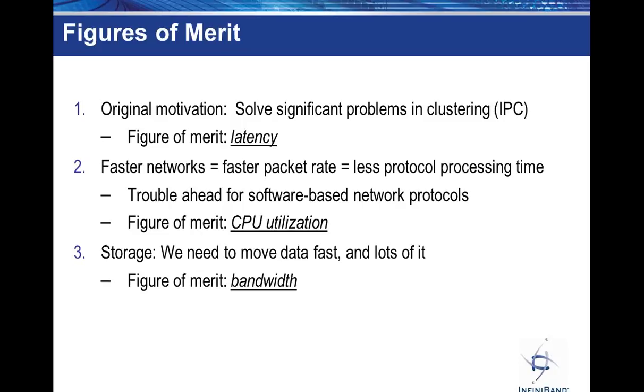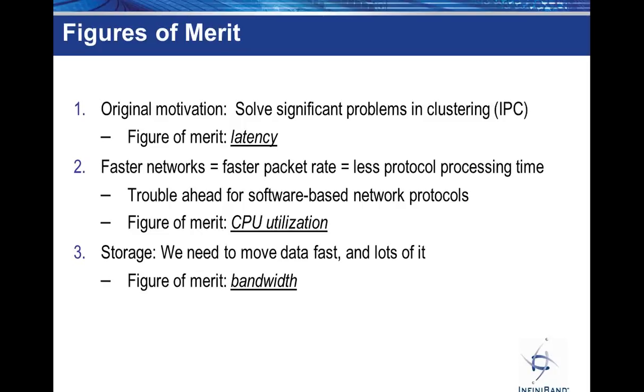And third, if we really wanted to relook at the I/O infrastructure and come up with a model that let applications communicate better, we knew we had to deal with bandwidth as well, storage as well. Storage tends to be bandwidth intensive, so we knew that whatever we came up with better have a pretty good bandwidth component to it. So that was a pretty aggressive set of goals that we started out with in the development of this RDMA technology.